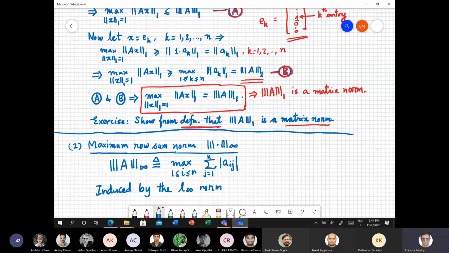And therefore it is a matrix norm. Showing this is very similar to the column sum norm, so I won't do that here, but we'll just move on directly to the next norm, which is the spectral norm.